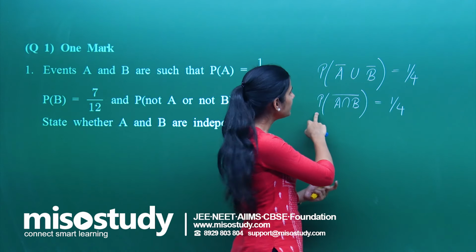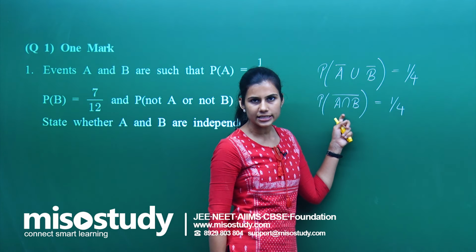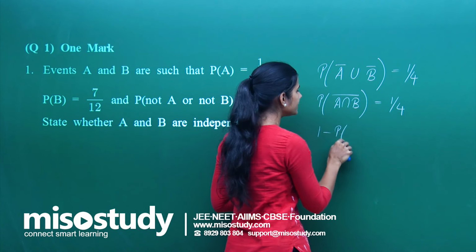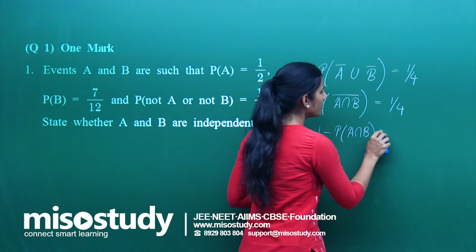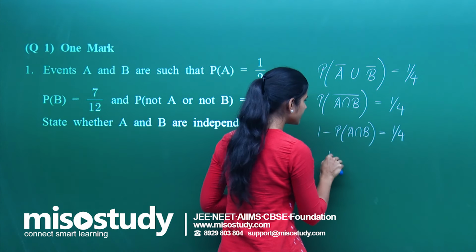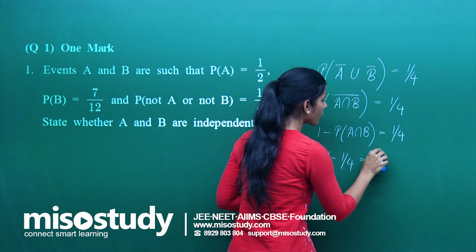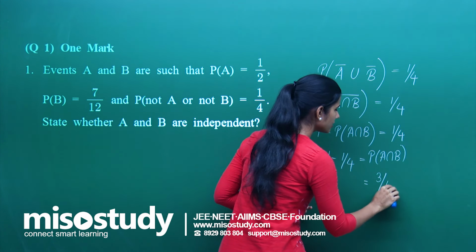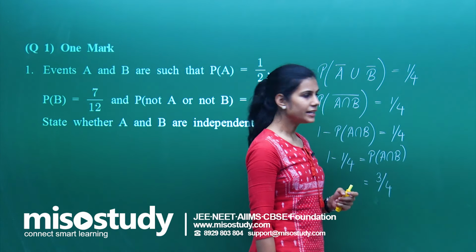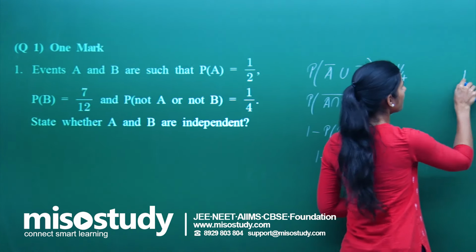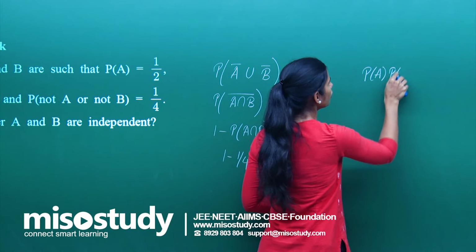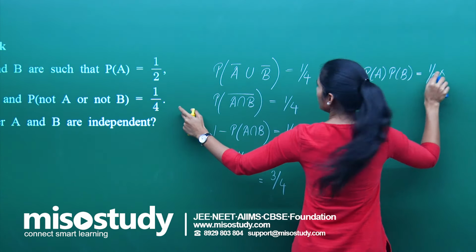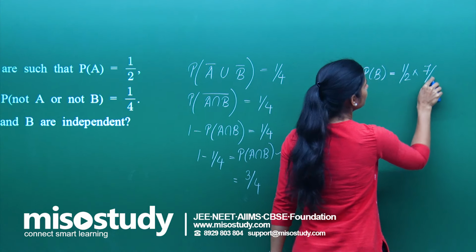What is this? This is the probability of not happening of the event A intersection B. The probability of not happening of an event is 1 minus the probability of happening of that event. That is 1 by 4, and therefore I get 1 minus 1 by 4 to be the probability of A intersection B, which is 3 by 4. Fine. One thing we've got. What about the probability of A into the probability of B? The probability of A is given to be half. The probability of B is 7 by 12.